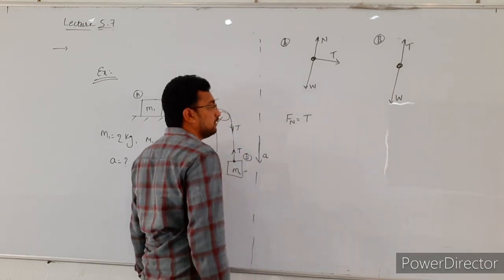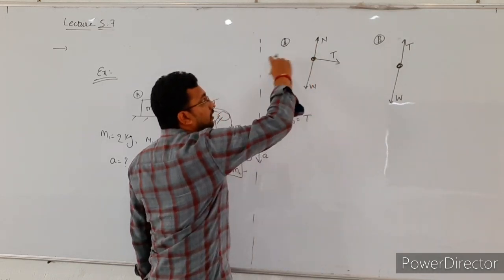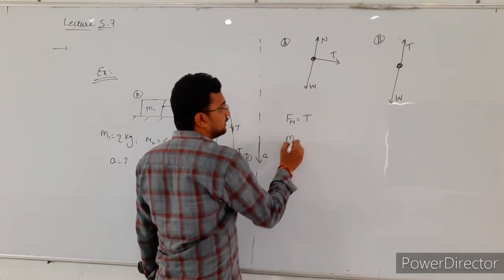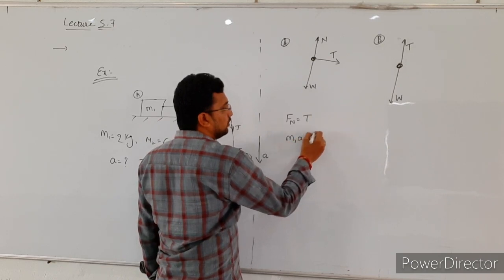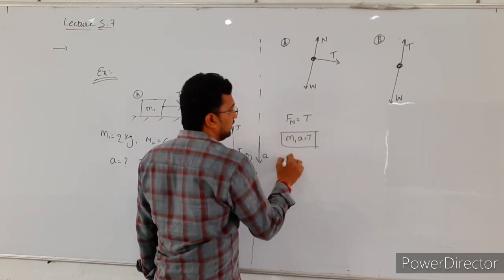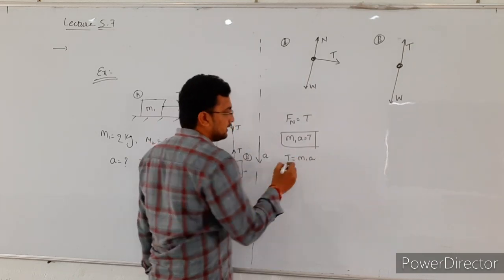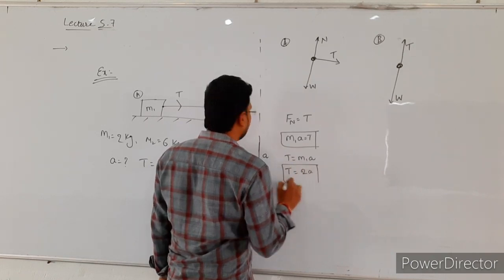There are no other forces acting along the horizontal direction. So the net force is nothing but the product of mass into acceleration, that is M1 into A is equal to T, right? Or T is equal to M1 into A, right? So what is the M1 value here? That is T is equal to 2 into A.